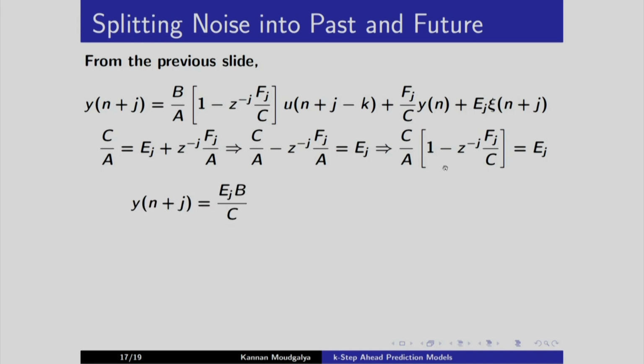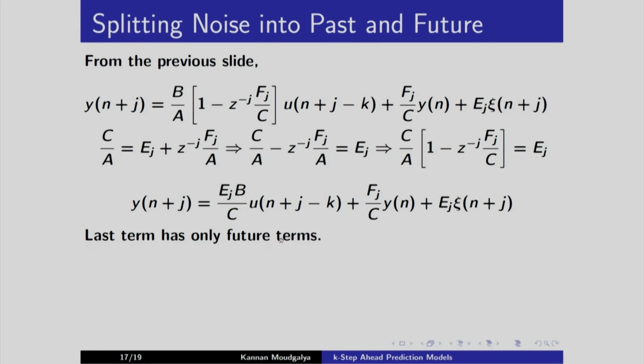Now when I substitute it here, I get y of n plus j equals ej b by c. All that you have to do is, what is in the bracket is ej a by c, I substitute ej a by c, a and a will cancel, and so we have ej b by c times u of n plus j minus k. So there is no change in other terms, write down as they are.